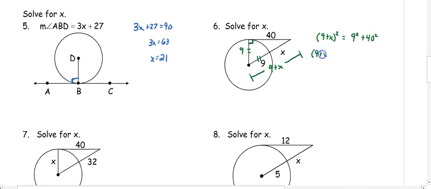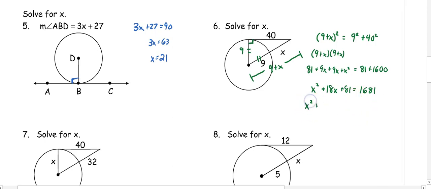Now 9 plus x needs to be multiplied together. So 9 times 9 is 81 plus 9x plus 9x plus x squared equals 81 plus 1,600. So we would get x squared plus 18x plus 81 is equal to 1,681. So we're going to subtract the 1,600 over.